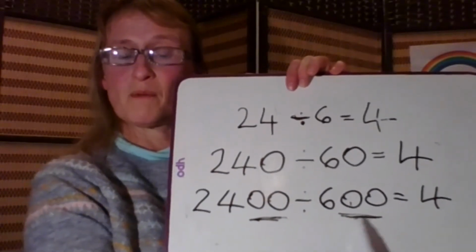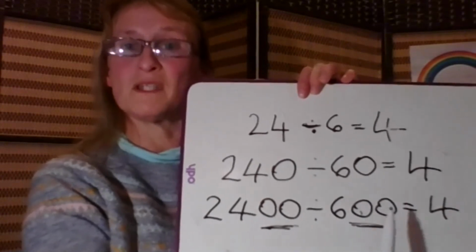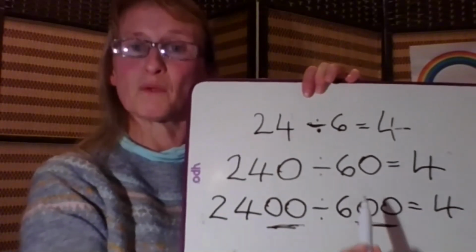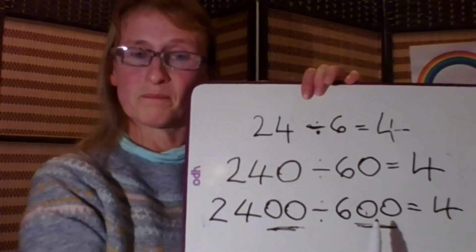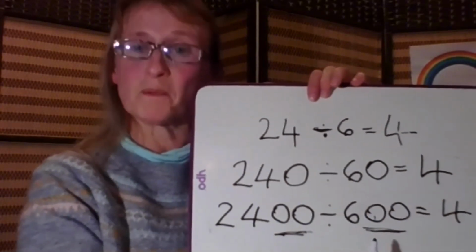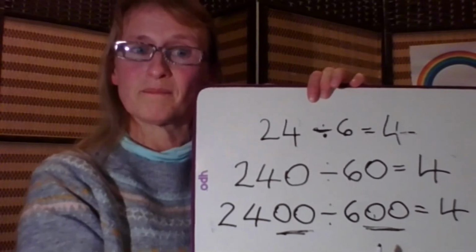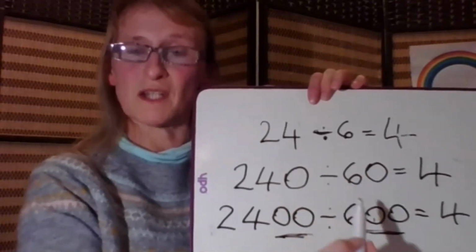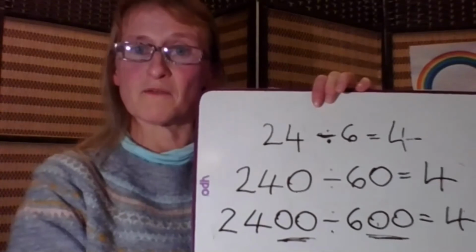We made it 100 times bigger and we divided it by a number that was 100 times bigger. And the answer is the same, because if you count up in 600s, you count up 4 600s to make 2,400.